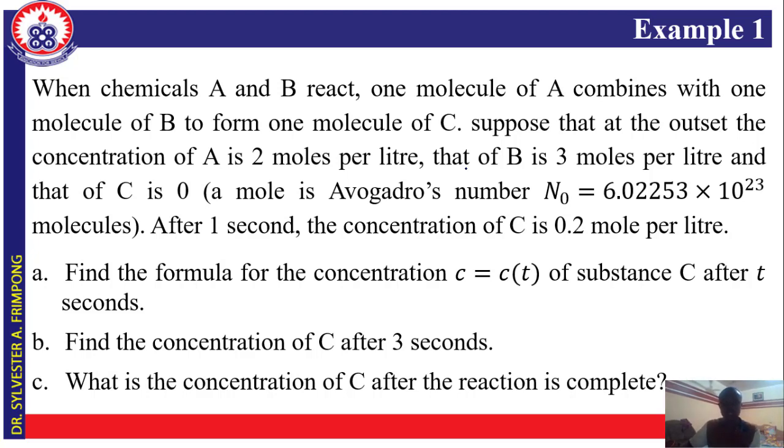So this is the question we want to solve. Let's look at the information here. The information here are the number of moles concentration of A is this, that of B, and initially that of C is this. Then after 1 second, we have that of C to be 0.2. So these are the information that we need from this question.